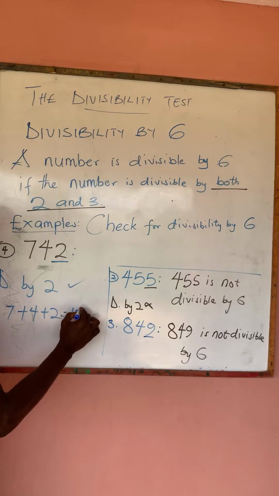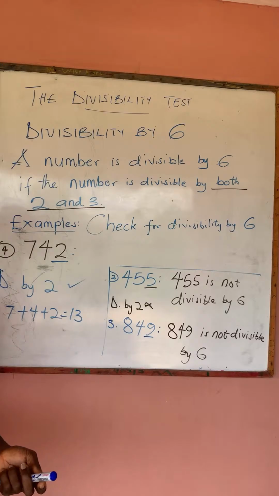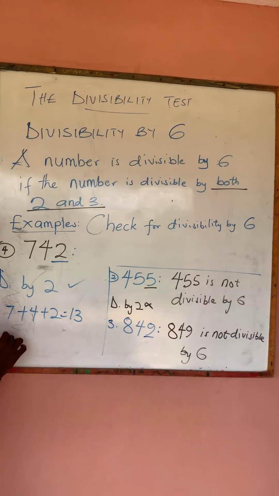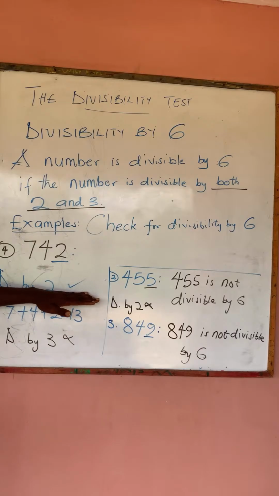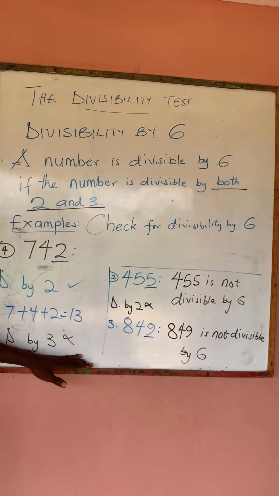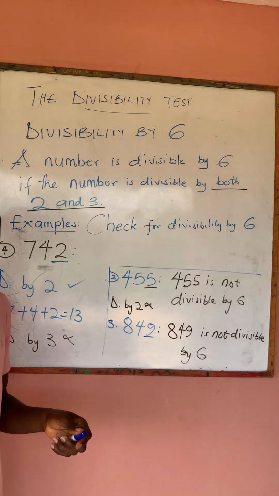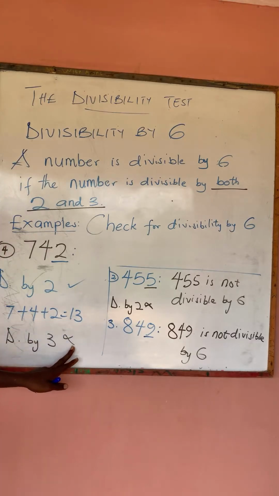And 13 is not a multiple of 3. So because of that, divisibility by 3 was not met. Although the divisibility by 2 was met, the divisibility by 3 was not met. So we conclude that 742 is not divisible by 6, because one of the conditions was not met.